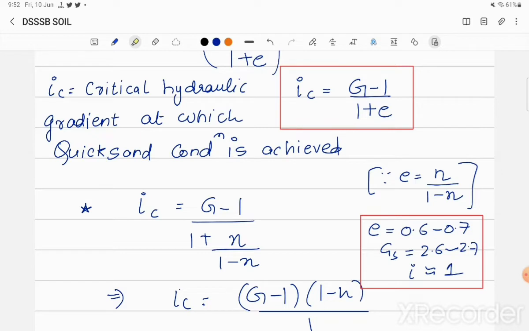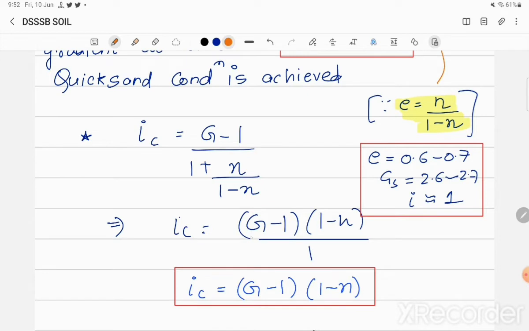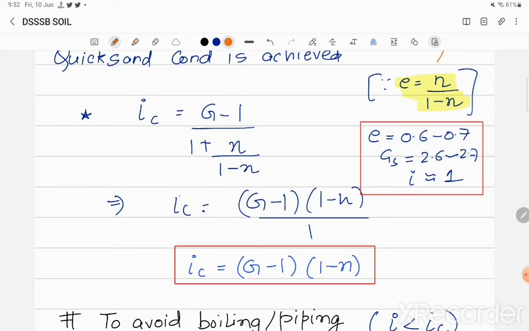Now, we can change certain things, because void ratio can be written in the form of porosity as e equals n upon 1 minus n. So if we put this into this formula, on solving, Ic becomes G minus 1 into 1 minus n. Critical hydraulic gradient for quicksand condition becomes (G minus 1) into (1 minus n).